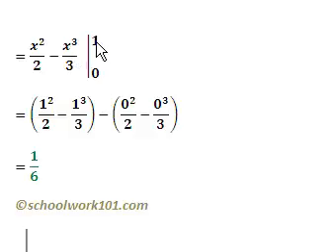Remember, we were going from 0 to 1, so we plug in our upper limit and subtract off our lower limit, and we get a total of 1/6. Now remember, this is square units, but we don't tack that on to the end. So the total area of that green shaded region is 1/6 square units.